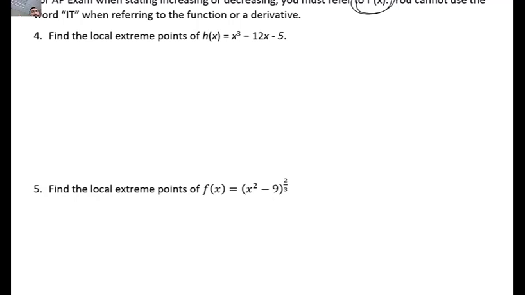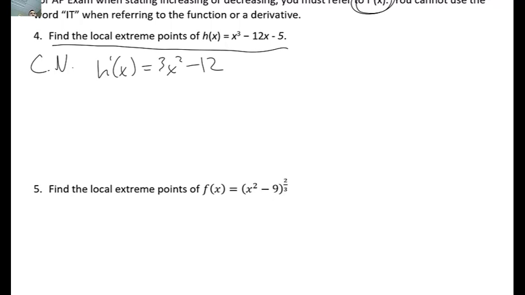Okay, so I'd like you to pause now and go ahead and find the critical numbers in number 4, and then test around each critical number to see if you can find the maxes and the mins, which would be all the local extreme points. All right, so to find critical numbers, that is when the first derivative is 0 or undefined. So you should have found the first derivative.